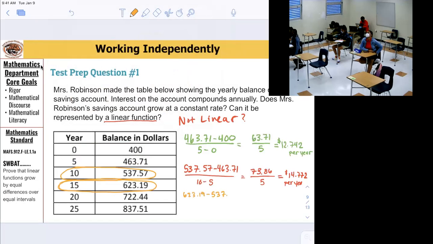Did anyone go this far? Some people know because they already checked the first two, and they were like, nope, it's not linear. But let's see what happens. So what do I get for the numerator here? 85.62. 85.62 divided by 5 again. What do we get?